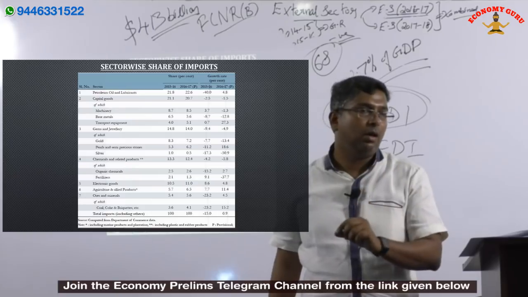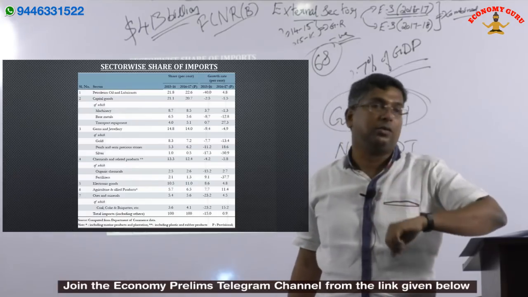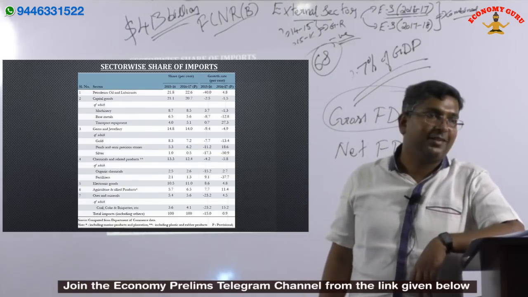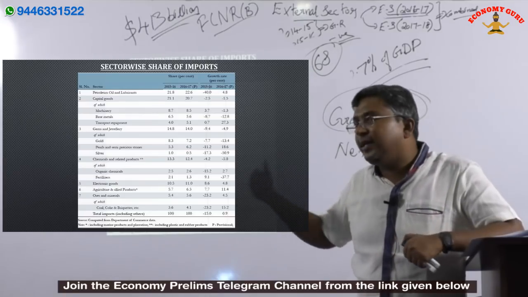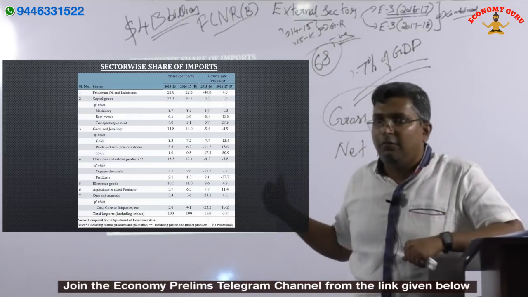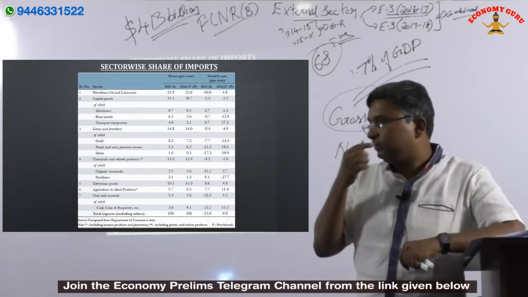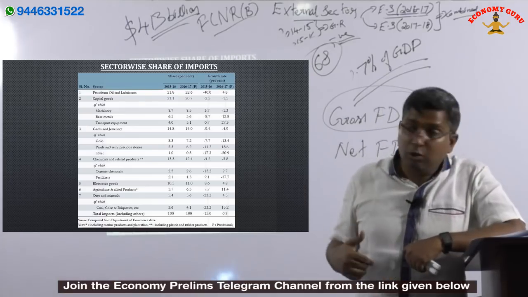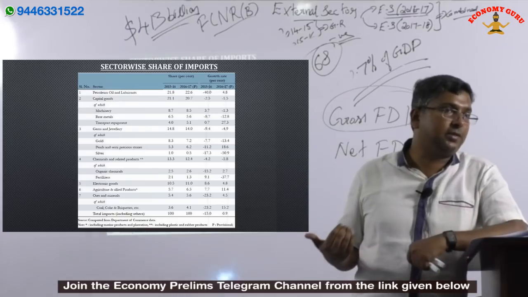Normally, if you take all the top countries with Forex reserve, they all have a current account surplus. Getting the point? But India, even though you have seen the trend of current account deficit, is a country with a current account deficit. It's a normal trend. Even though we had a current account deficit, we had a capital account surplus.